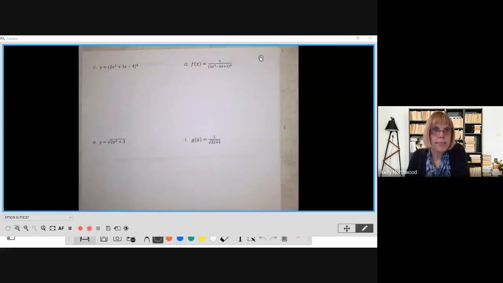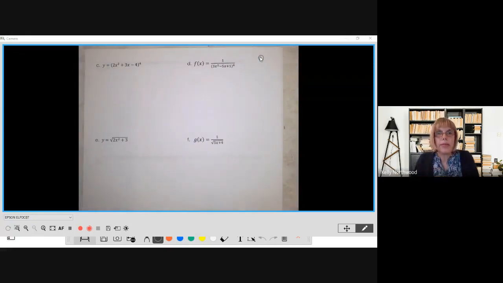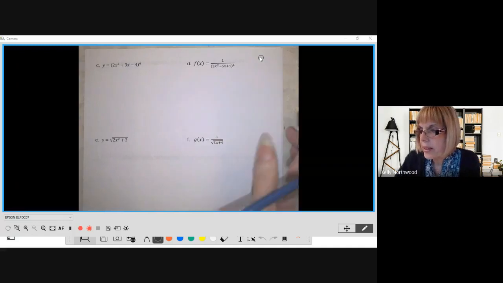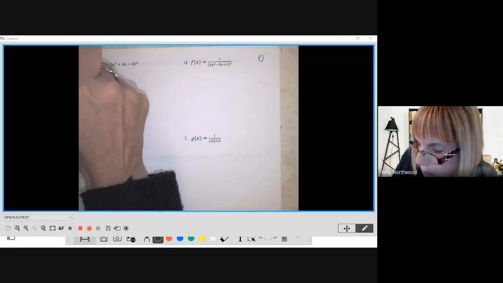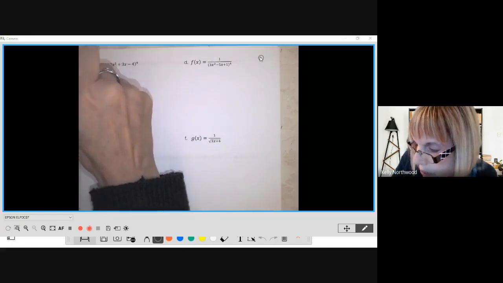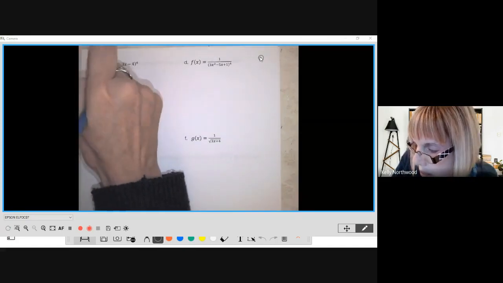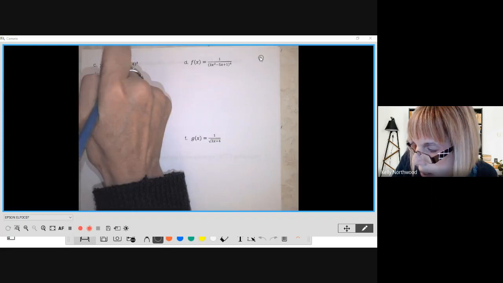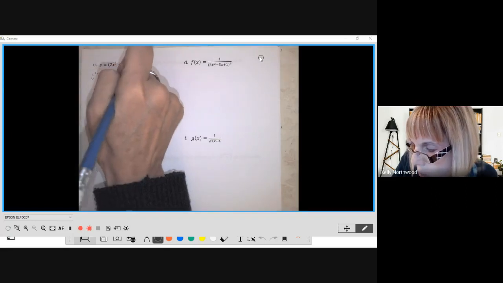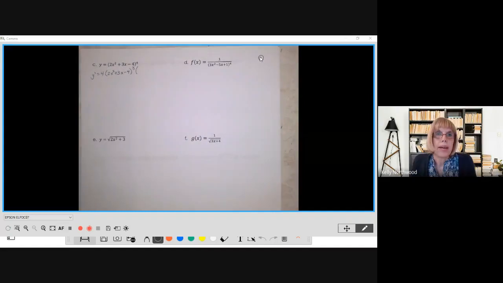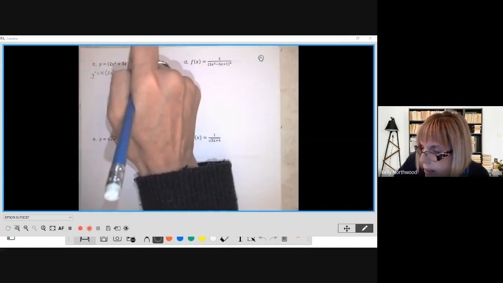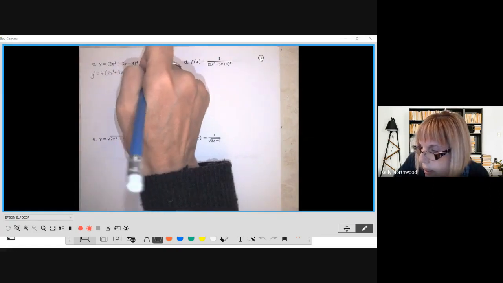So C is already in the right form, so we can go straight to finding the derivative using the chain rule. So y prime is going to be, the outer derivative is 4 times 2x squared plus 3x minus 4 to the 3rd, multiplied by the derivative of what's inside, which is 4x plus 3.